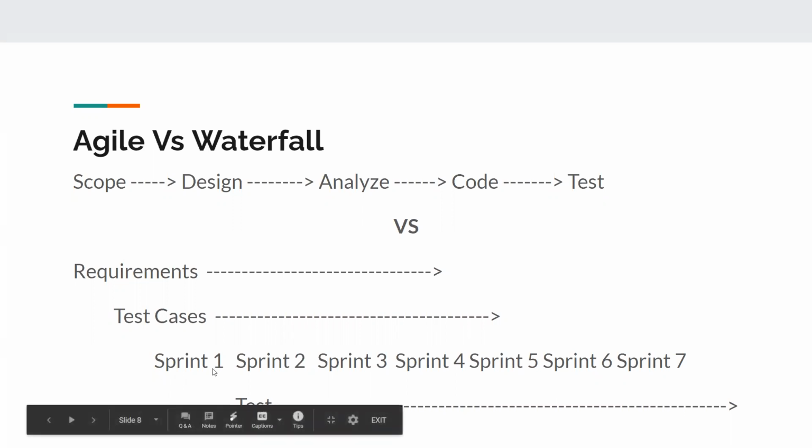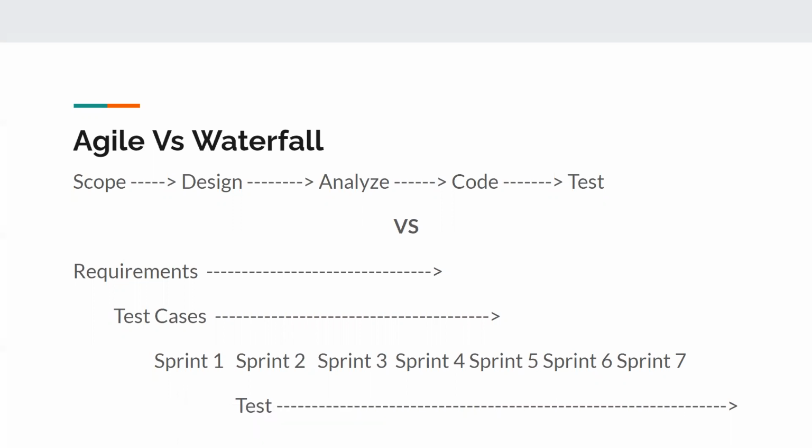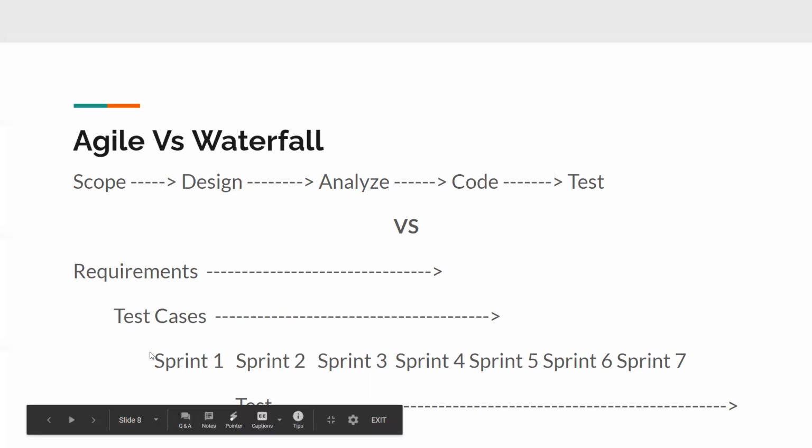In this third row right here, you'll see that you have different sprints. Sprints are basically chunks of work, if you will, or different iterations for coding to the requirements. As you notice, the developers are not waiting till the end to code, but they are essentially coding while the test cases are being developed, while the requirements are being wrapped up.